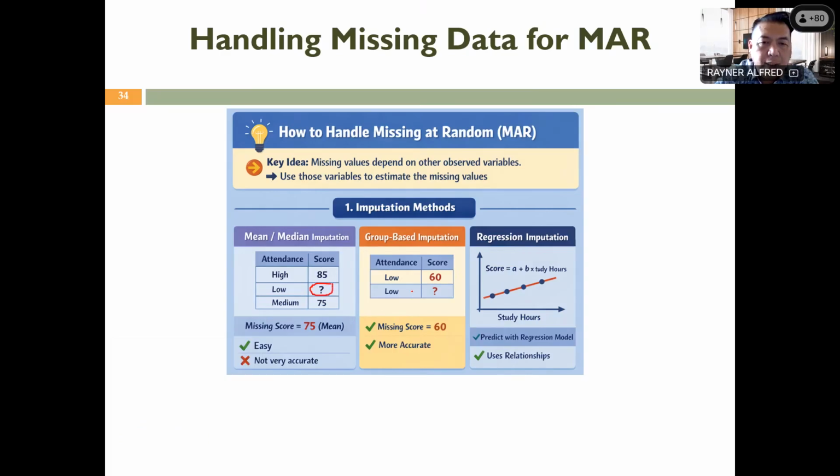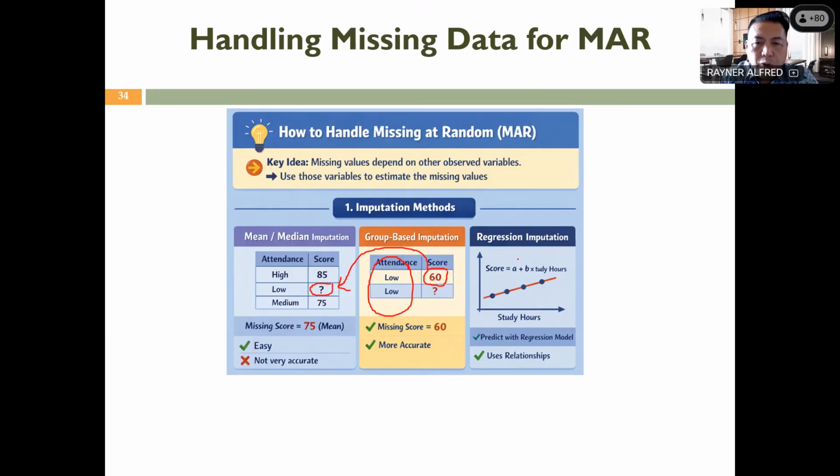So what we can do is group-based imputation. Which means that we look at all the low attendance scores, and we take the average value to replace the missing one here.